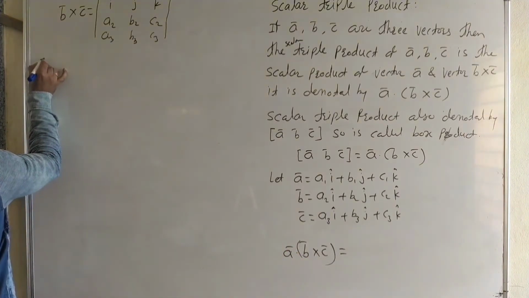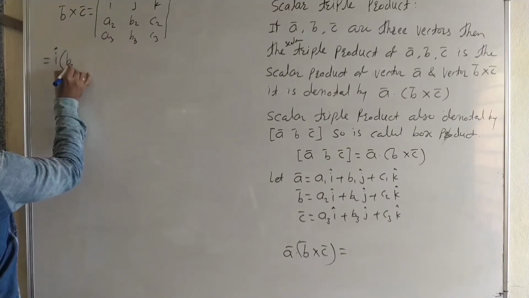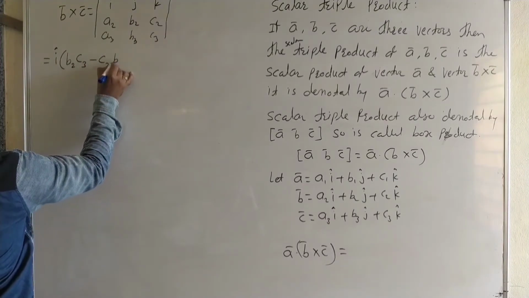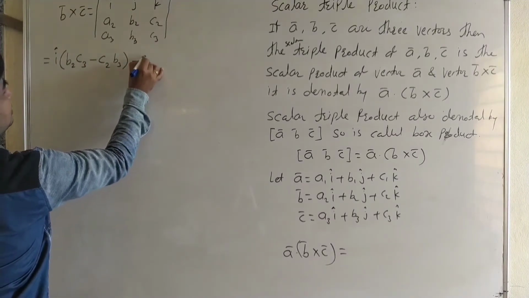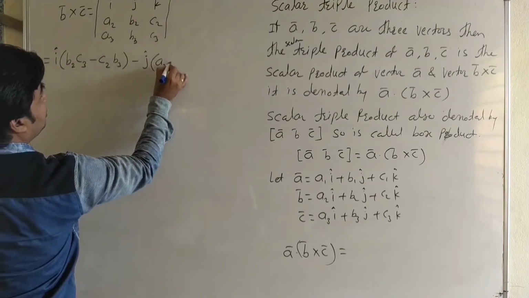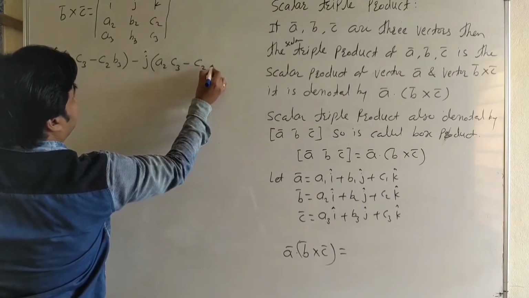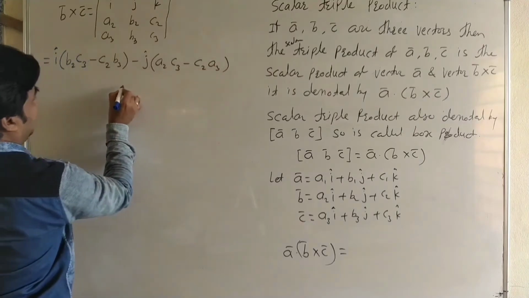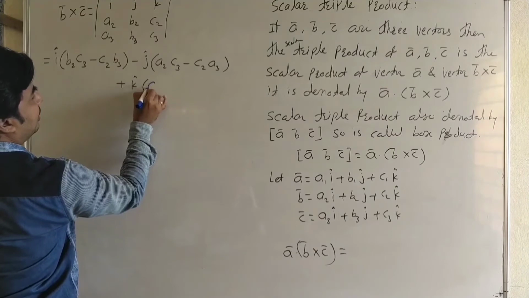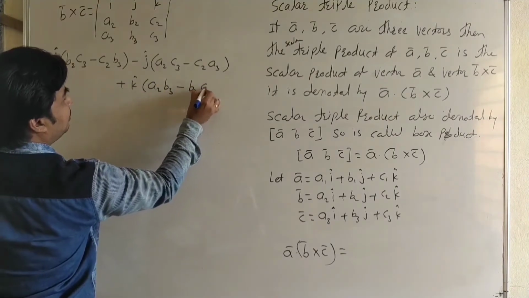Here we can write it as i cap into B2 C3 minus C2 B3, minus j cap into A2 C3 minus C2 A3, and plus k cap into A2 B3 minus B2 A3.